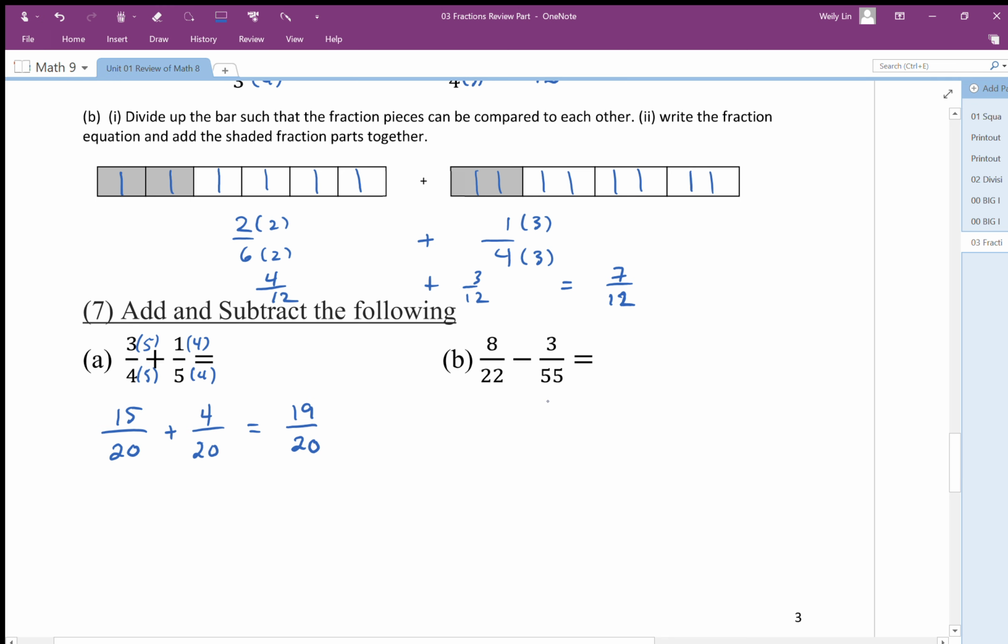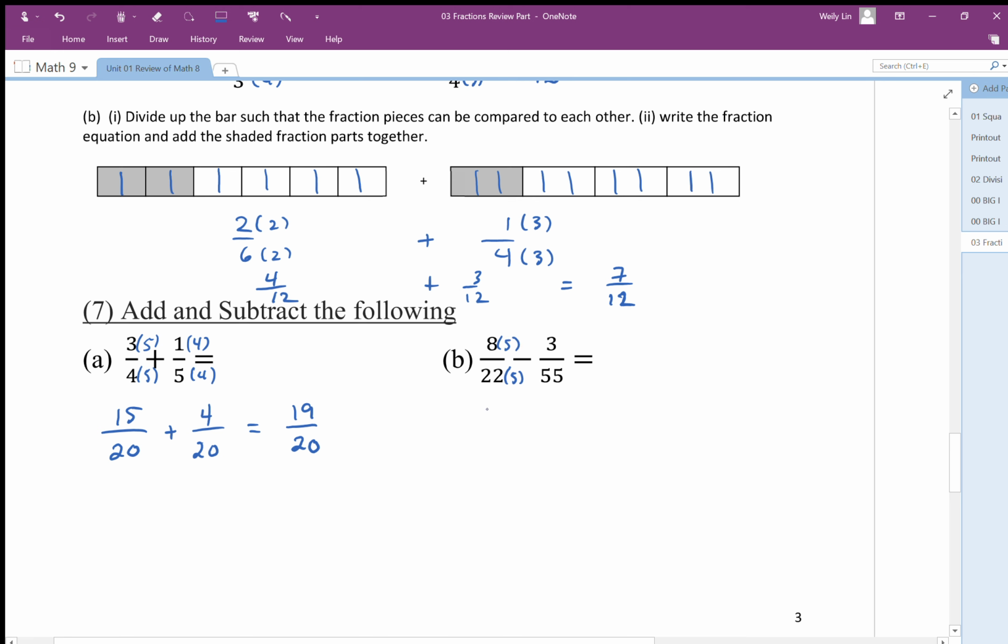Okay, so here it looks like the common denominator is going to be 110. Because if I take a look at what the factors are here, I have 11 times 2. Here I have 11 times 5. They share a common factor of 11. So I can just multiply by 5 here, multiply by 5 here.